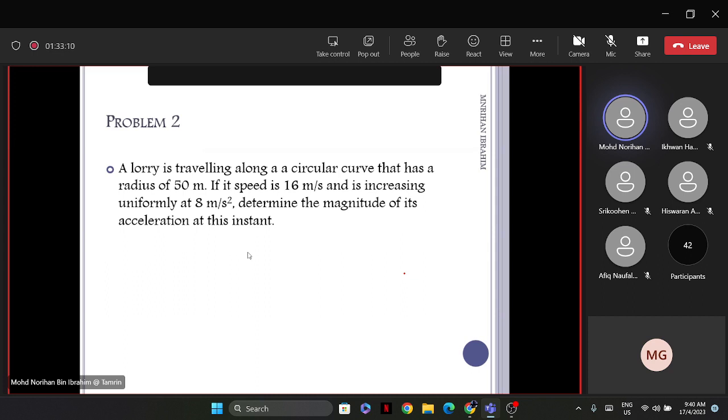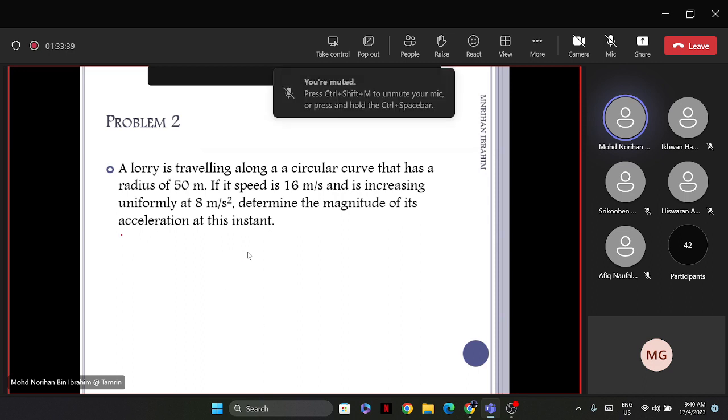You can imagine a circular curve that has a radius of 50 meter. If its speed is 16 meter per second and is increasing uniformly at 8 meter per second square, determine the magnitude of its acceleration at this instant. So you can illustrate this one. Solution.